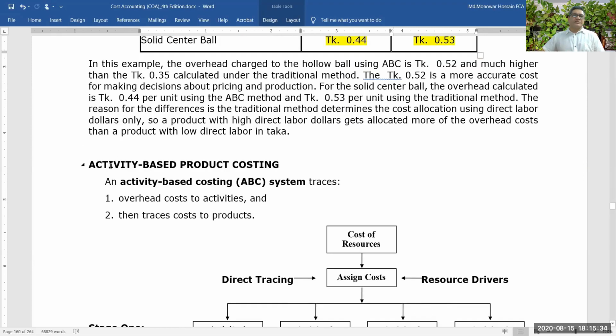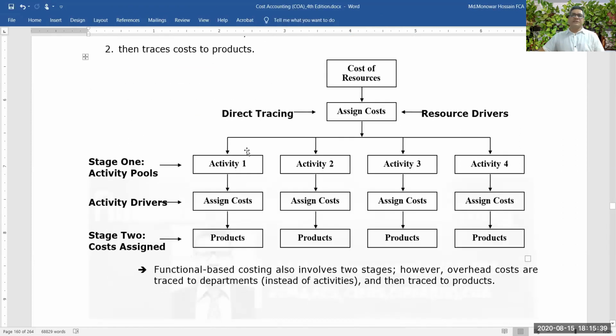So in activity based product costing, if you see here, this is the activity, the direct cost of resource. That means direct tracing and resource drivers assign cost to the first stage activity pool, and then activity drivers, which we find out, assign the second stage cost to the product.